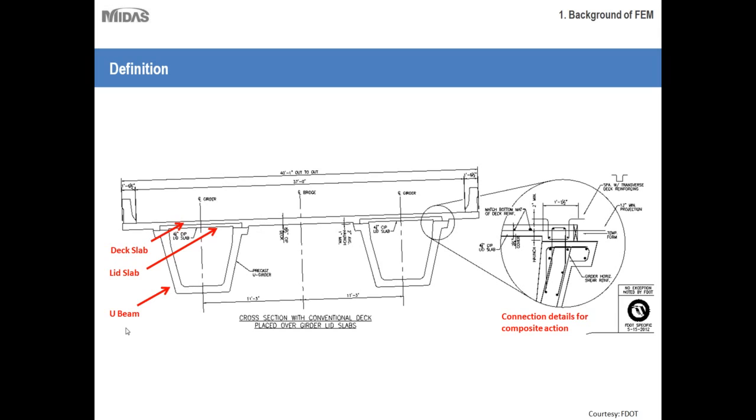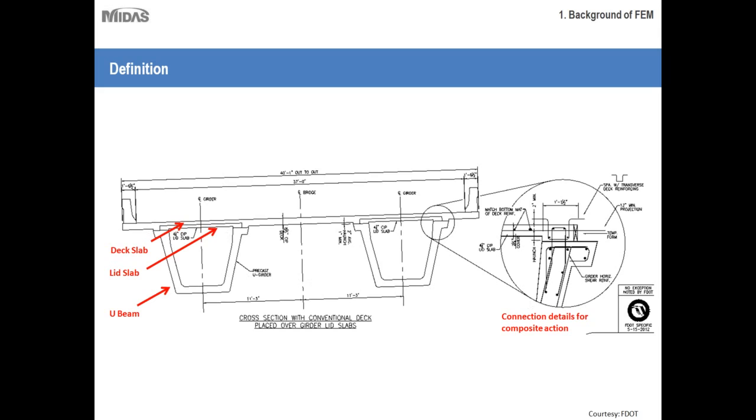Like I mentioned, this section has three parts: U-beam, lid slab, and deck slab. This three-part section is found near the interior supports for the curved bridges, whereas the other part of the span will just have the U-beam and the deck slab. So there will not be the lid slab every time.